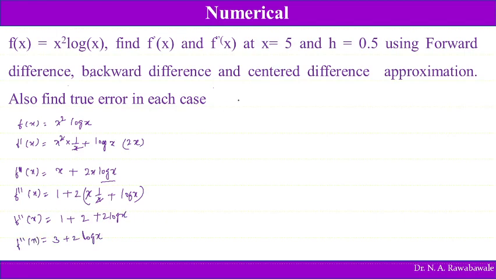So now this x value is given as 5. At 5 we want to find out the first derivative. So f dash of x at x equal to 5, we get 5 plus 2 into 5 log 5 to the base e.